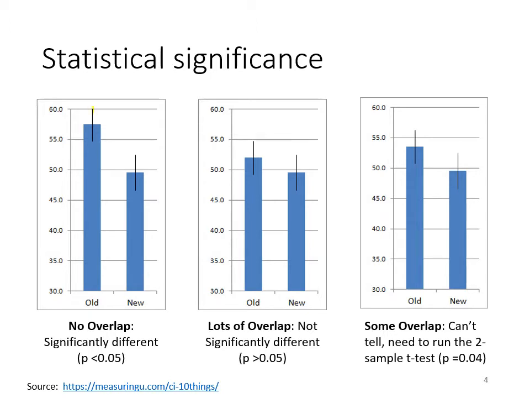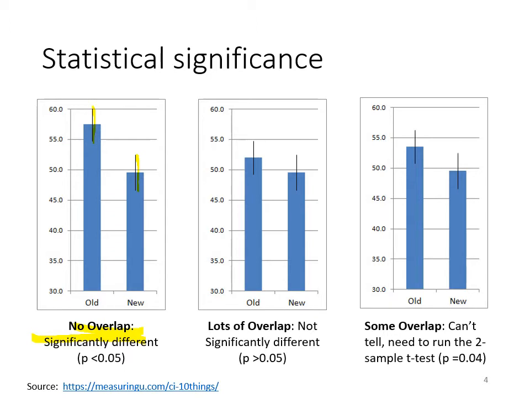We also want to look at these error bars, and what we see is that there is no overlap in the error bars. So just looking at the data, we could make the reasonable conclusion that the averages of these two observations are significantly different. We've got no overlap, so we can make this conclusion.